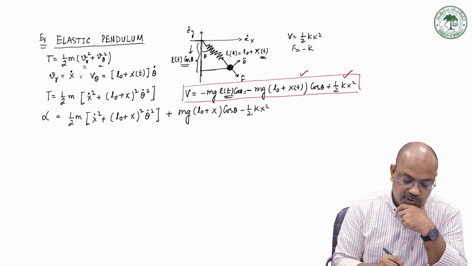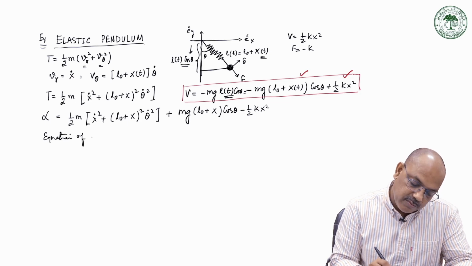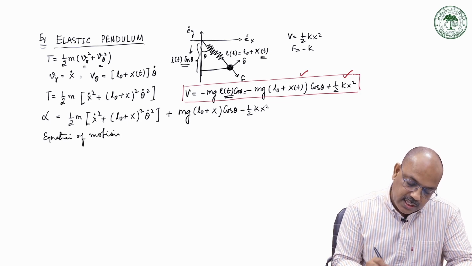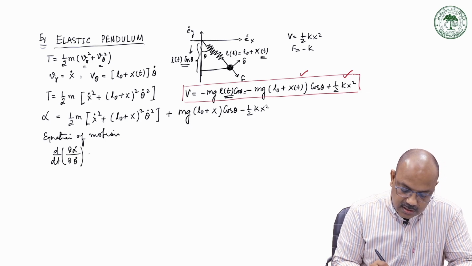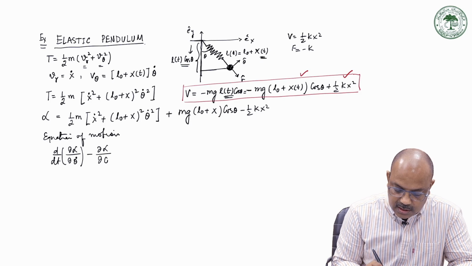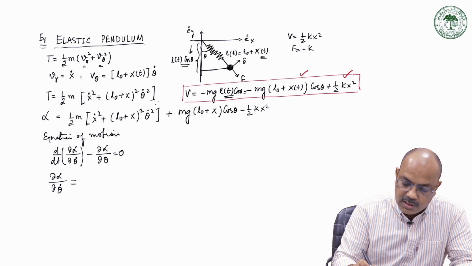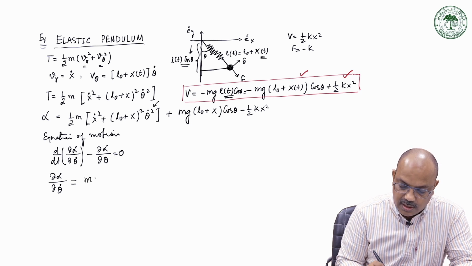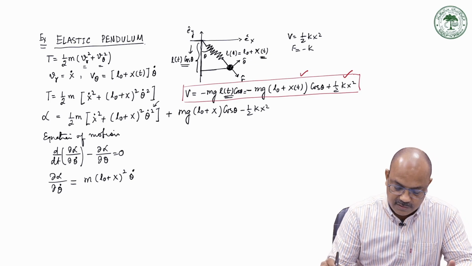And then I can have the equation of motion. I have to find d/dt of delta L by delta theta dot, and delta L by delta theta equal to 0. Now if I find delta L by delta theta dot, from here this is theta dot, so I'm going to get m (L naught plus x) square theta dot, and nowhere else do I have a theta dot.